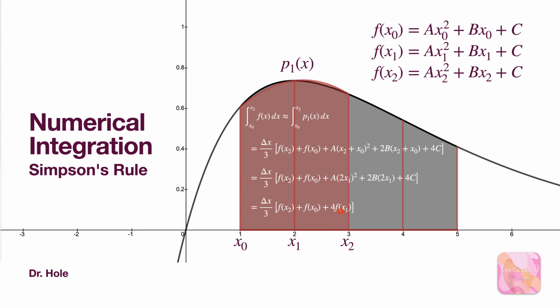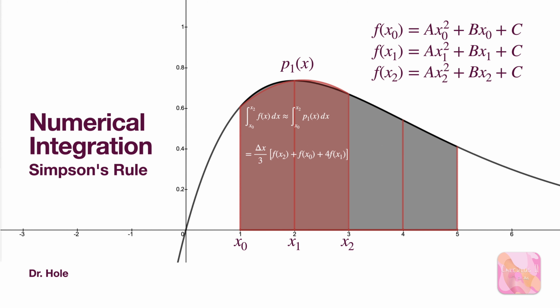We get 4 copies of f at x1. Fantastic. This is a good result. Let's make a note of it. Let's do a little rearrangement of the terms. I simply brought the 4 at x1 into the middle. And remember that this computation was showing the amount of area underneath the quadratic p sub 1.